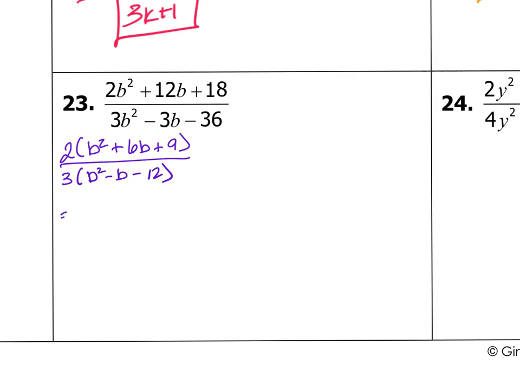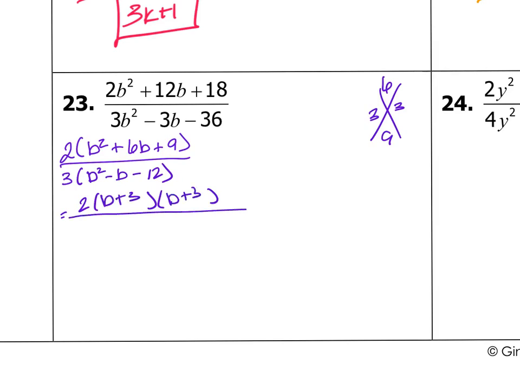Okay, so we're going to factor the top. What multiplies to be 9 and adds to be 6? b plus 3, b plus 3. And what multiplies on the bottom? So what multiplies to be negative 12 and adds to be negative 1?